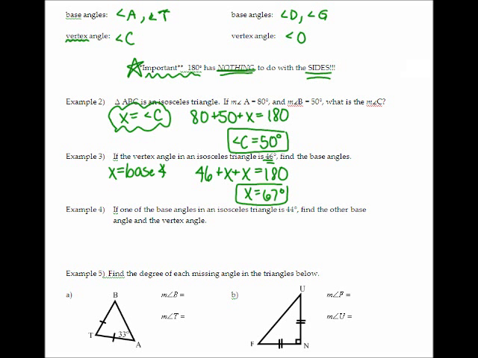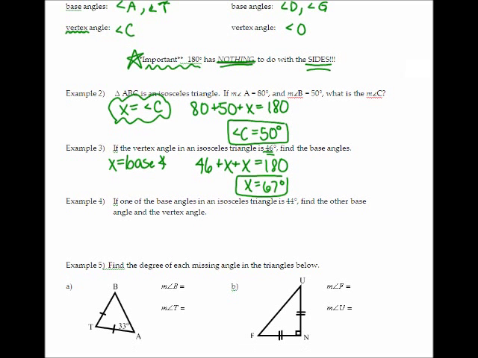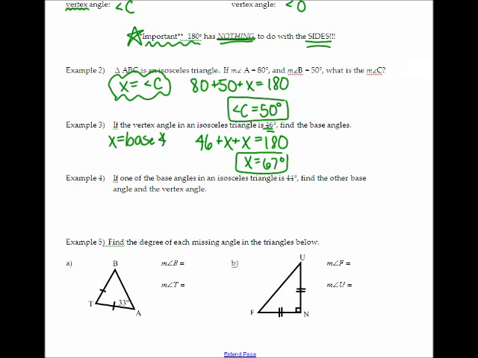Example 4. If one of the base angles in an isosceles triangle is 44, find the other base angle and the vertex angle. That's not rocket science either, but I could let x equal my vertex angle. There's only one vertex angle, so x plus 44, and we know the other base angle is 44, equals 180.